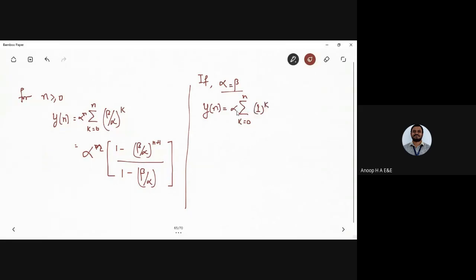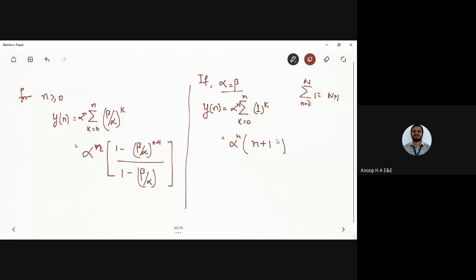I have alpha power n as the common factor or the constant. So sigma 0 to n, 1 power k is 1, and sigma from k equals 0 to n can be written as n plus 1.